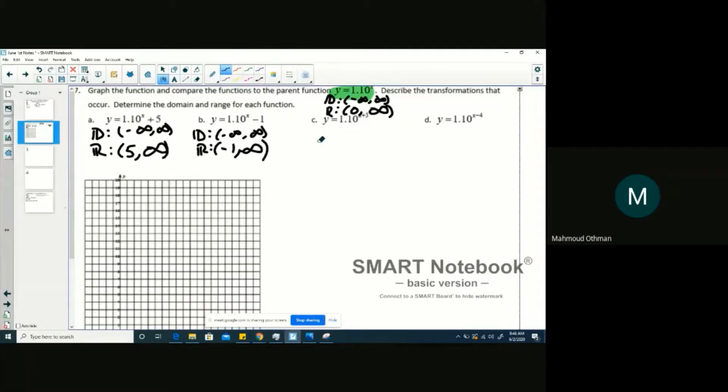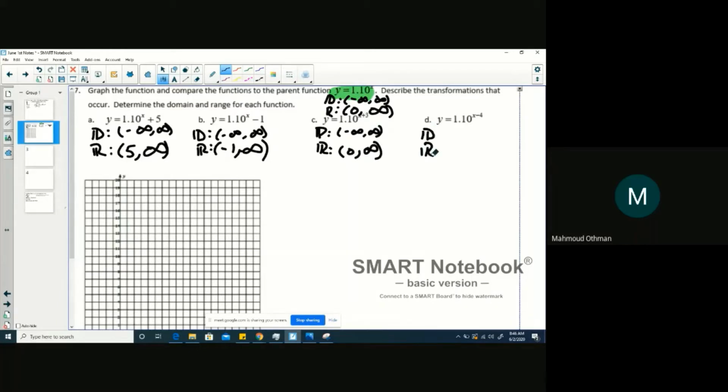So I can tell you the domain and range. The domain is all real numbers, as it is for all exponential functions. Shifting to the left or right does not change the range whatsoever. It tries to go to 0 but doesn't get there, and it also goes to infinity.